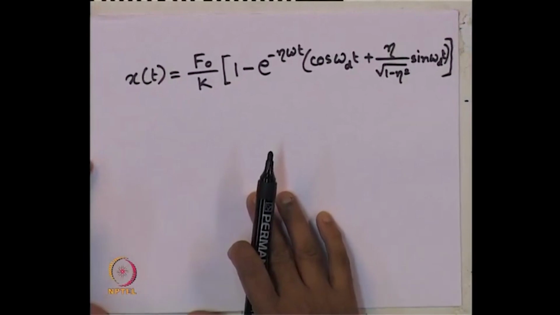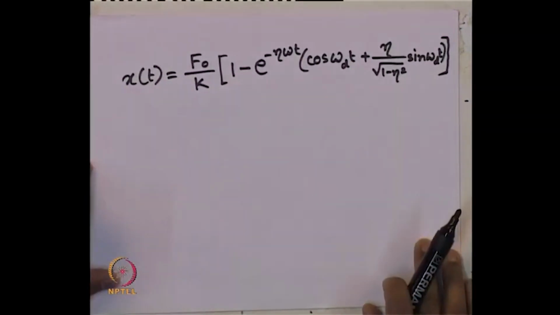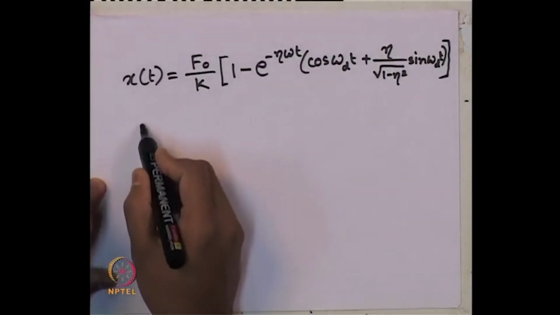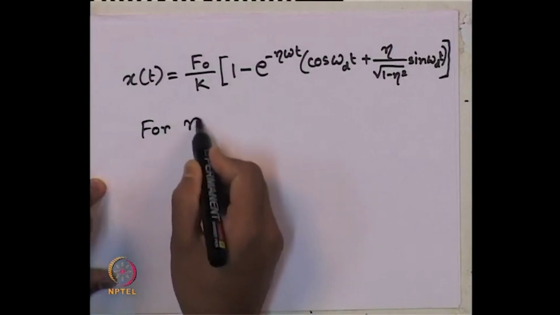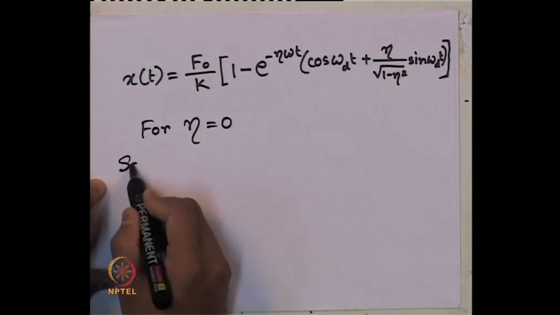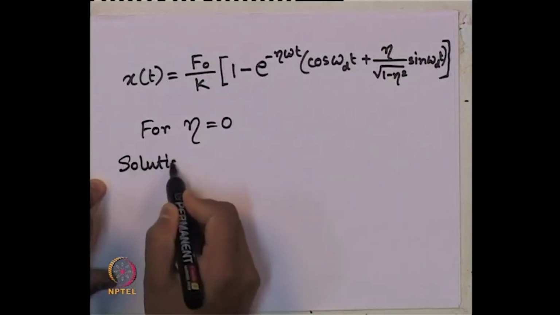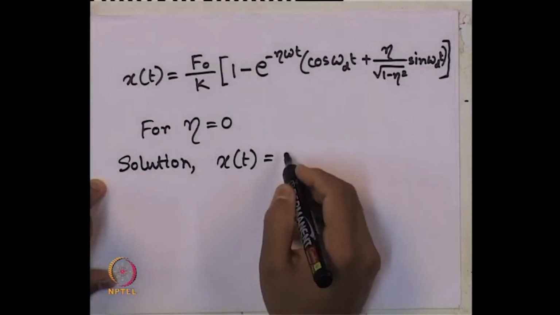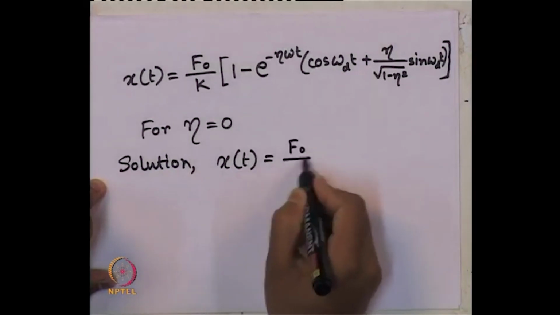Now, if the complete solution of the system is known to us, how should the response look? Let us look at it. Let us first take the undamped case. For the case eta equals 0, what is the solution? For the undamped case, the solution x of t is nothing but f naught by k.